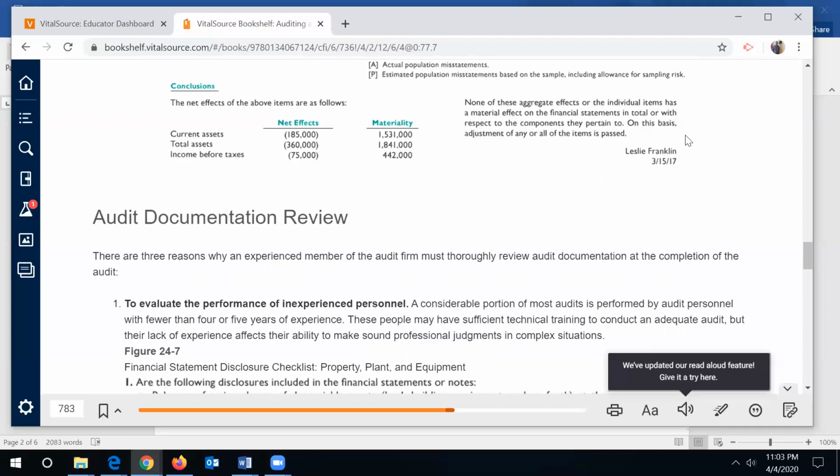And we see the conclusion over here, which every good working paper should have. None of these aggregate effects or the individual items has a material effect on the financial statements in total or with respect to the components they pertain to. On this basis, adjustment of any or all the items is passed. So we can give the client a clean opinion and they don't need to fix these errors.